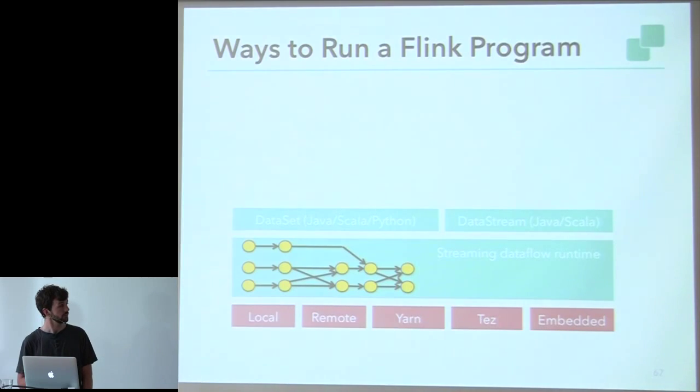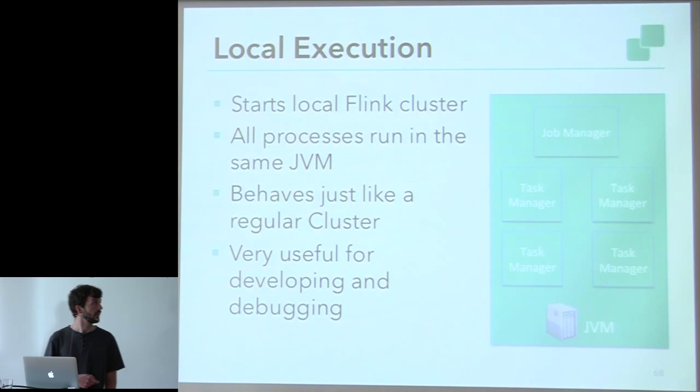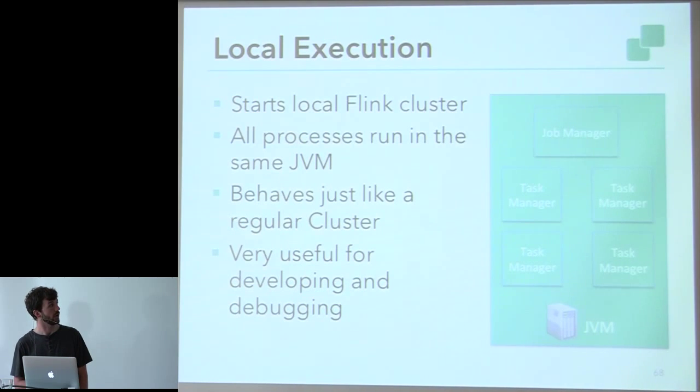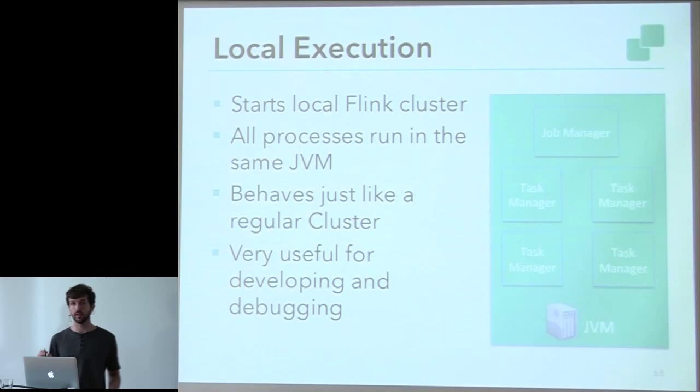Then underneath the API and the data flow runtime, we have different ways of executing a Flink program. There's this local execution mode, which is automatically run if you use this execution environment, getExecutionEnvironment, which starts really all the processes that would also run in a normal Flink cluster, but just inside one VM.